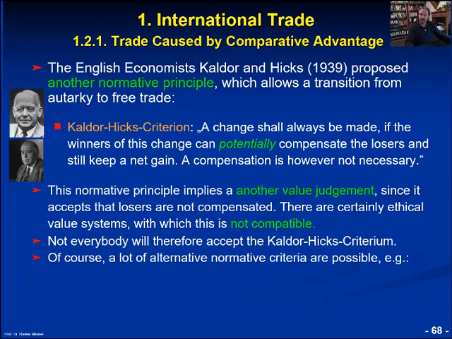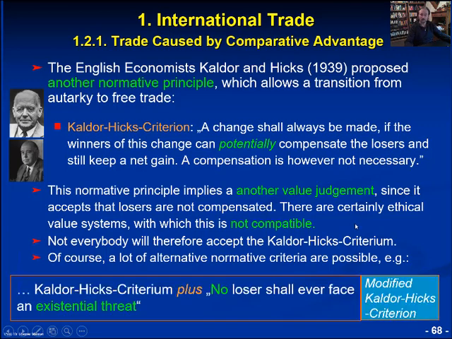Of course, a lot of alternative normative criteria are also possible. One such example would be the following modified Kaldor-Hicks criterion. It consists of the original Kaldor-Hicks criterion plus the supplement: no loser shall ever face an existential threat.